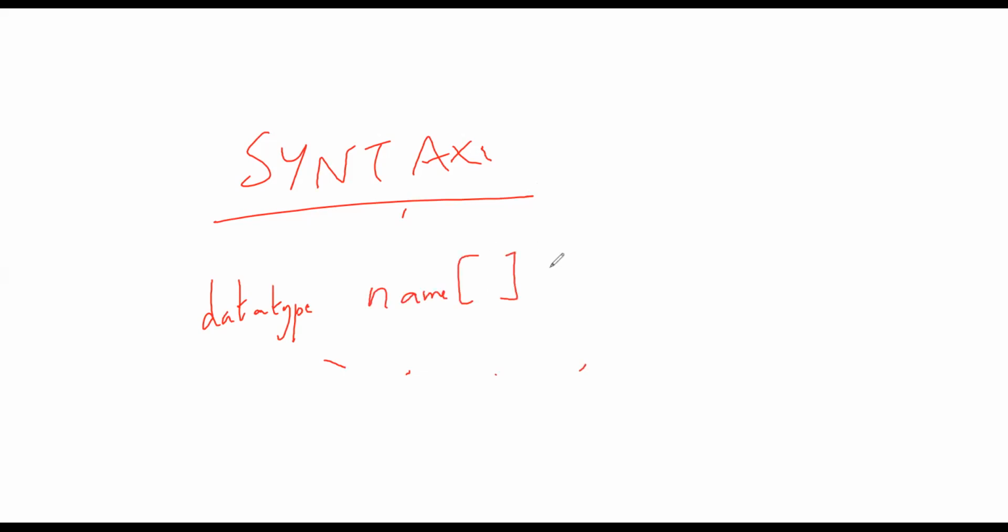And with the brackets. This is the syntax of array. So I want you to read the syntax of array and pointer too. Is it clear? I can't hear you, so you could put it in the chat.